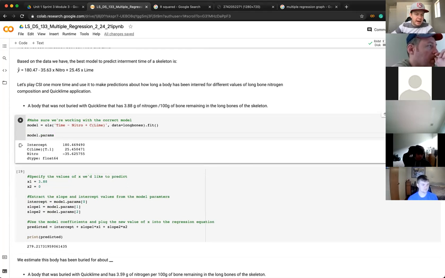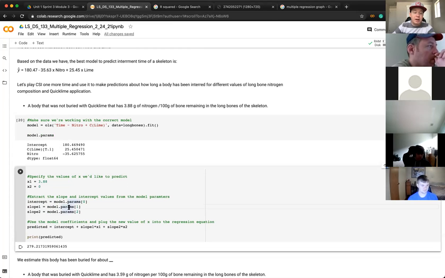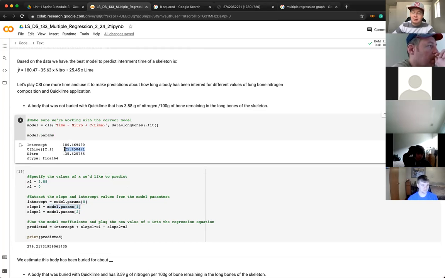And this says that the intercept is 0. We said that X1 was nitro, but slope 1 comes from lime. So I actually got them mixed up. This is why we have to double check the model params.